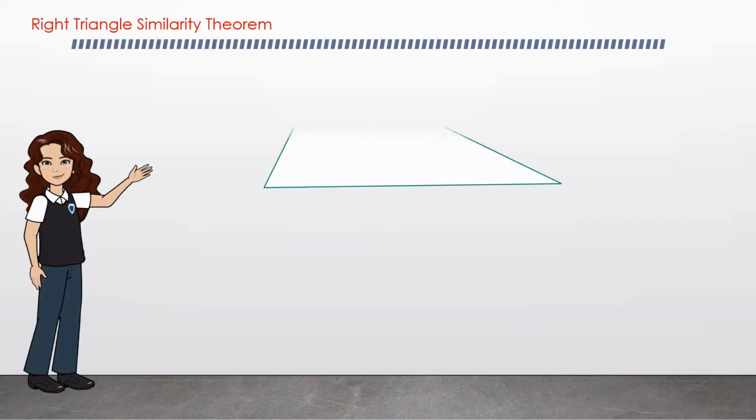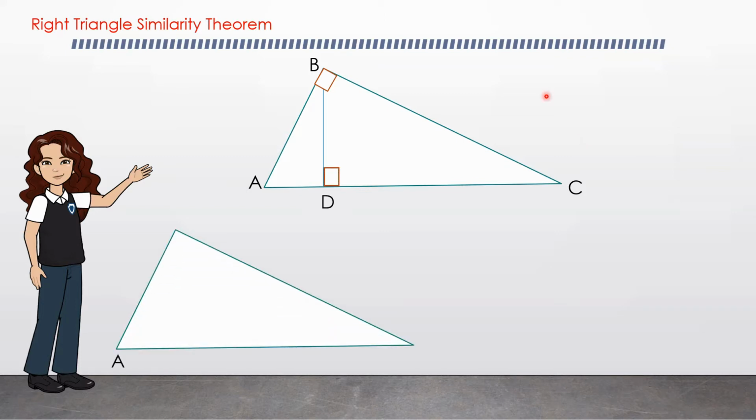Okay, here we have the triangle ABC again. So, we have the altitude BD, the segment BD. Then, let us divide this into three triangles. The first figure is the original triangle, triangle ABC. Then when we have the altitude, we make another two similar triangles.